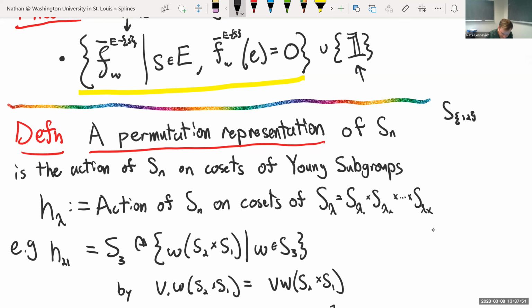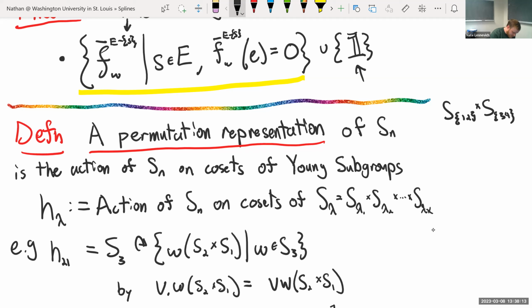this would be a perfectly good Young subgroup. So as a subgroup of the symmetric group on 4, we're going to take the symmetric group on subsets of 4, so {1, 2} and {3, 4}.